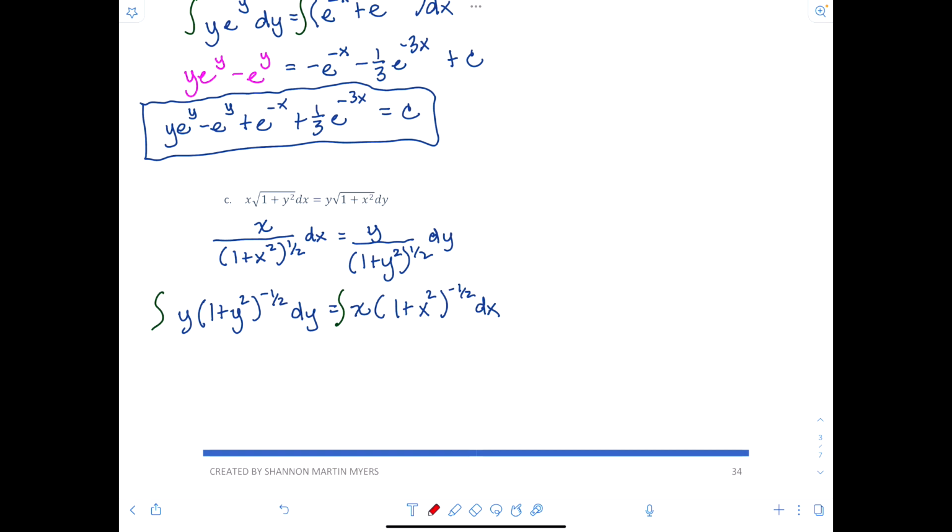The derivative of the quantity being raised to the negative 1/2 on the left side is 2y. I already have the y. I need a 2, so multiply on the outside by 1/2. Similarly, we'll do the same on the right side.